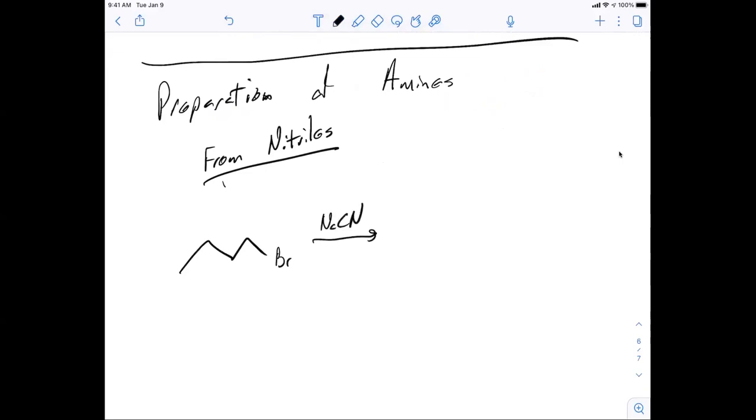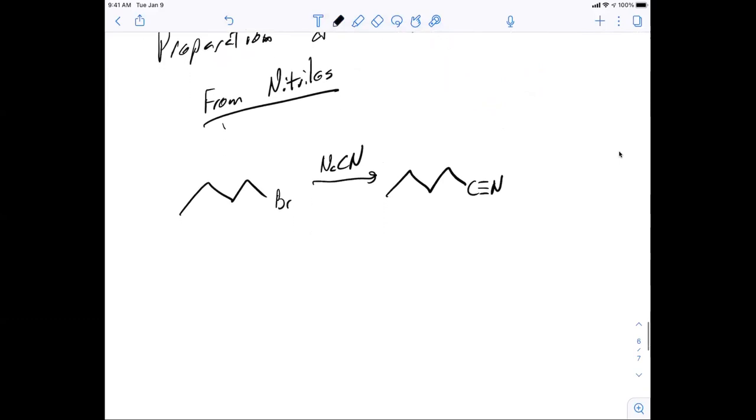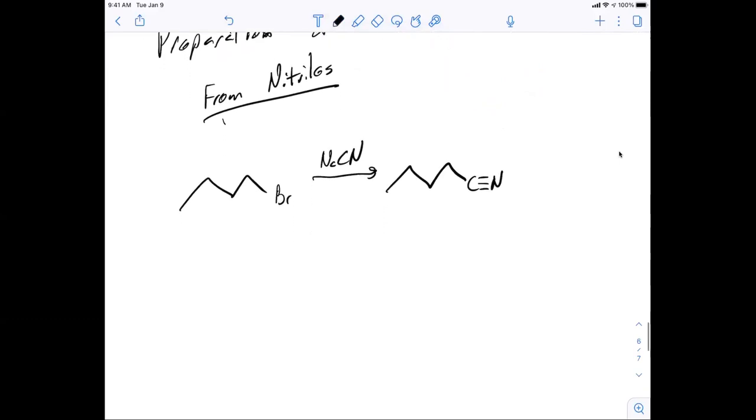So we can do an SN2 style reaction to get the nitrile addition. And then we can reduce that with lithium aluminum hydride, followed by water.